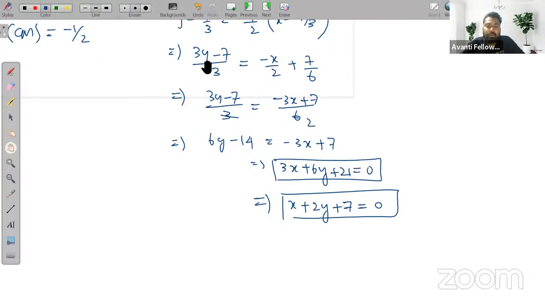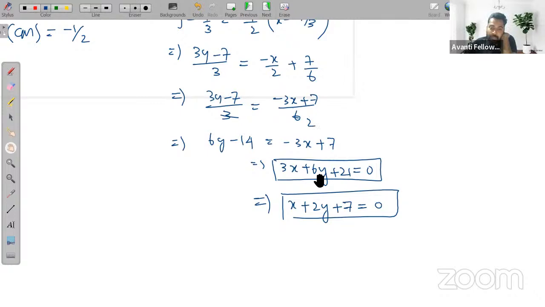Clear? Okay. Then this becomes 3y minus 7 is equal to minus 3x plus 7 by 6. So 6y minus 14 is equal to, oh, this is 3x, so this becomes 6y minus 14 is equal to minus 3x plus 7.